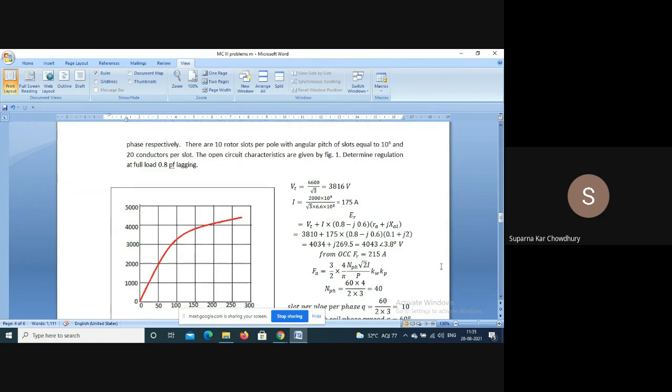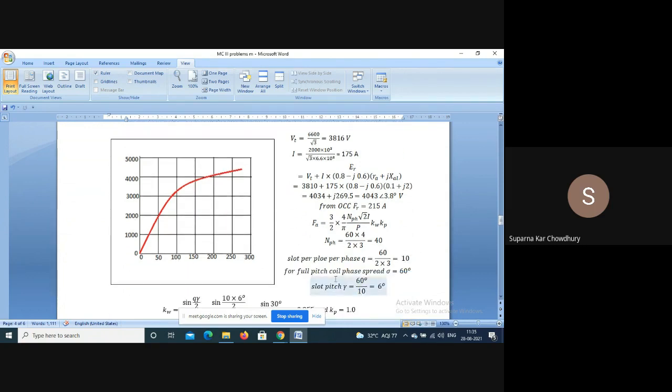Now consider a full pitch coil. The spread is 60 degrees, because we have 3 phases, total 180 for 2 poles, so divided by 3 it is 60 for one phase.